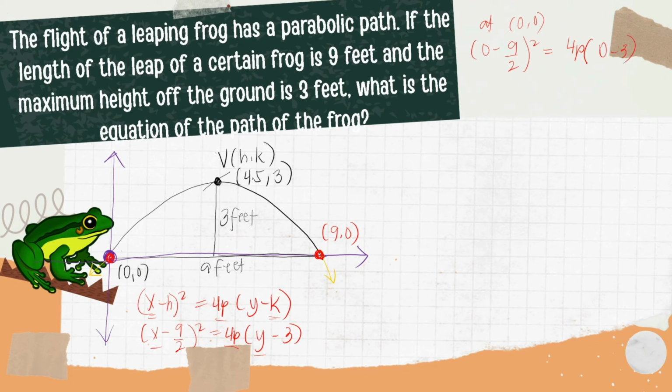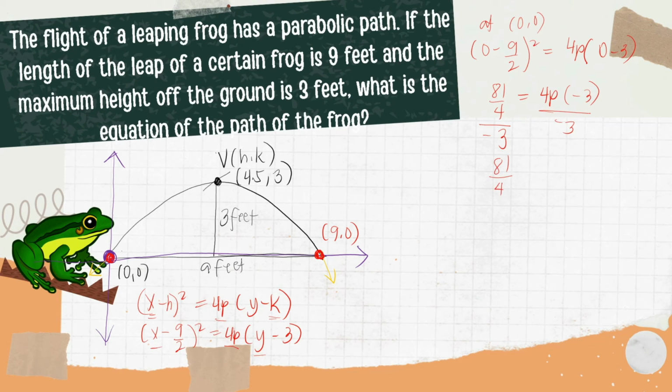So, 0 minus 9/2 squared, so that is negative 9/2 squared. So, 81/4 is equal to 4p times negative 3. So, to find 4p, let's divide both sides by negative 3. So, 81/4.